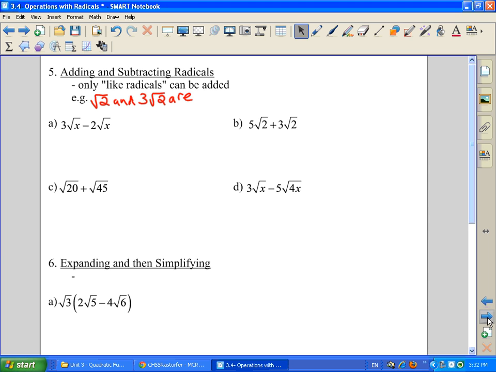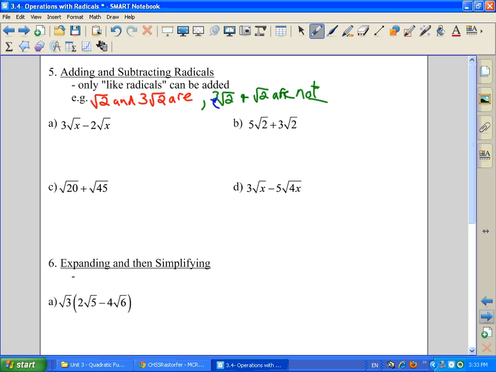Let's try another one here. The cubic root of 2 and root 2 are not. Be careful here. They both look like they got root 2, but this one has the cubic root of 2, or the third root of 2.